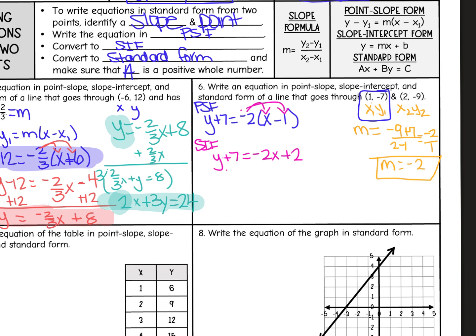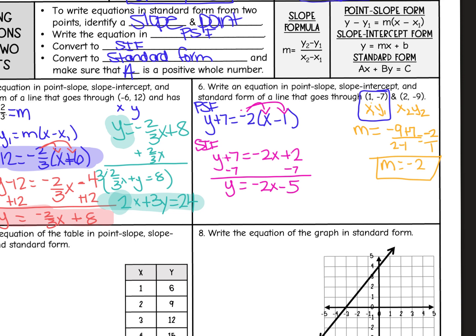And now I'm going to subtract 7 from both sides. Leaves me with y equals -2x minus 5. Okay. And right there, that is my slope intercept form.